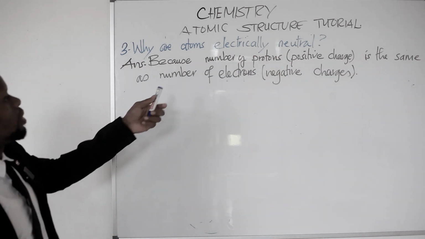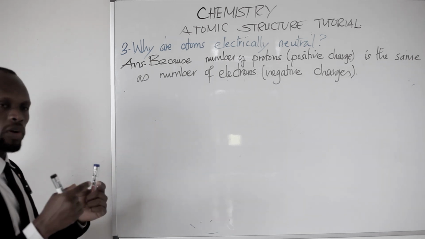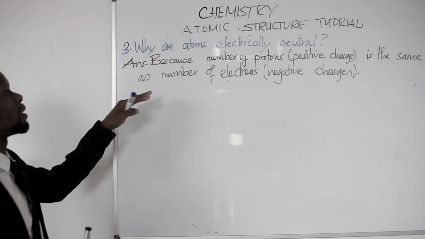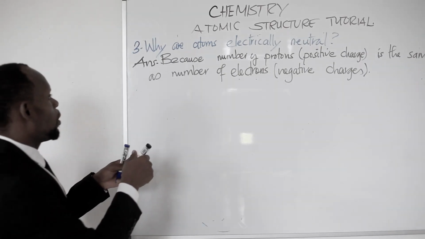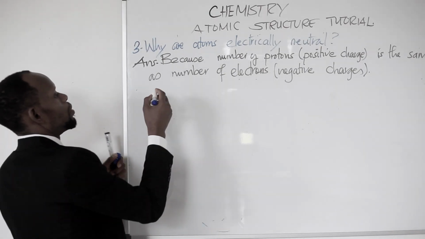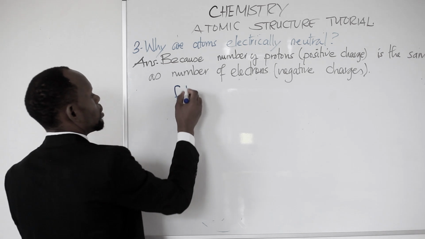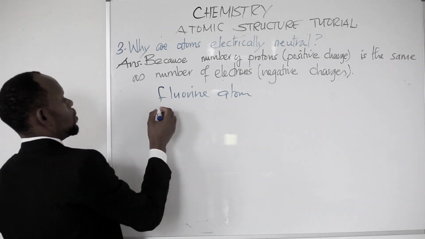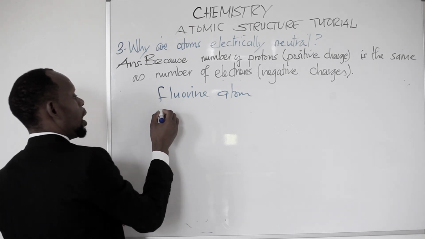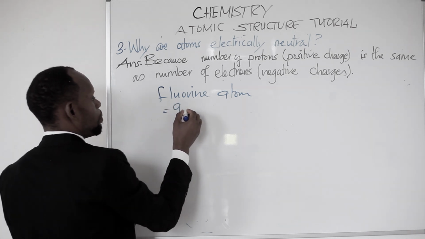So here, because the number of protons, which are positive charges, is the same as the number of electrons, which are negative charges. For example, consider fluorine. The fluorine atom has how many protons? It has 9 protons.